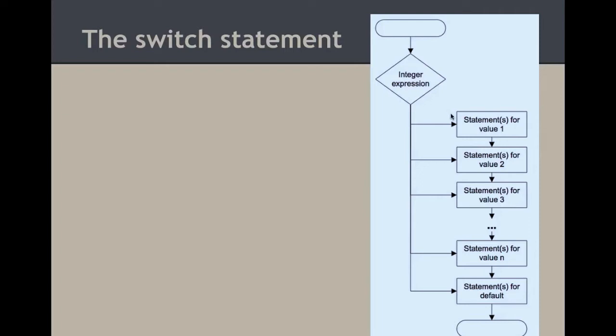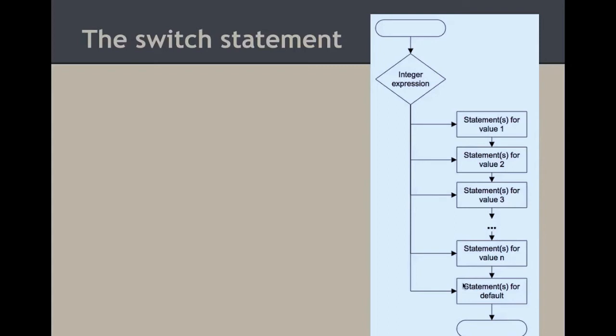And so what we'll have is a series of statements for any particular value that we care to process, and then another series of statements for another value, and perhaps another series for another value, basically as many of those as we want.